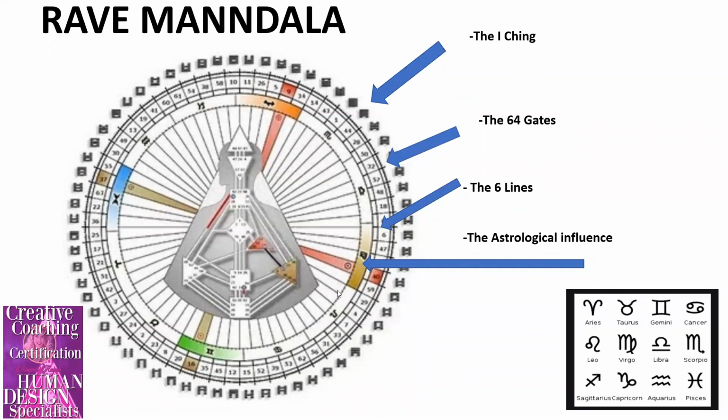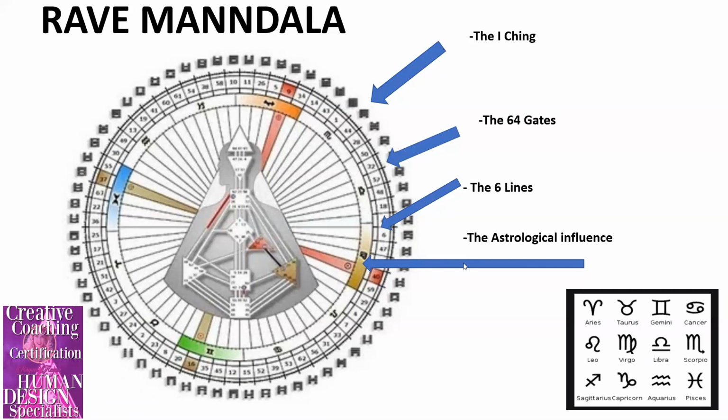I know this is a little blurry, but right now what I wanted to do is show you how the Rave Mandala, the neutrinos, move through the I Ching, which is the 64 gates. And then it moves through the lines, which you'll notice are numbered 1 through 6 with each gate.